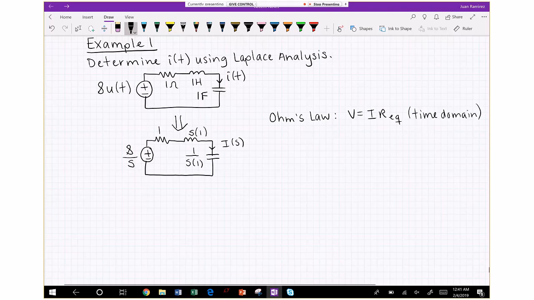Well, in the S domain, it looks the same. Instead of resistance, we say impedance. But the equation is pretty much the same.